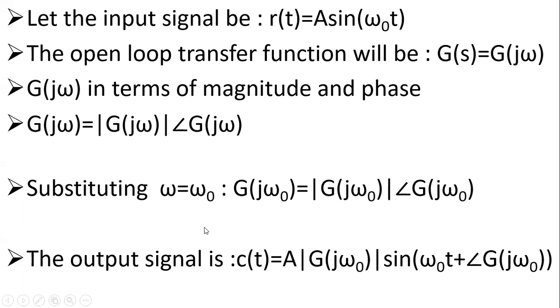For this, the output signal is c of t equal to A times modulus of G of j omega naught, which is the amplitude, times sine of omega naught t plus angle of G of j omega naught, which is the phase angle.